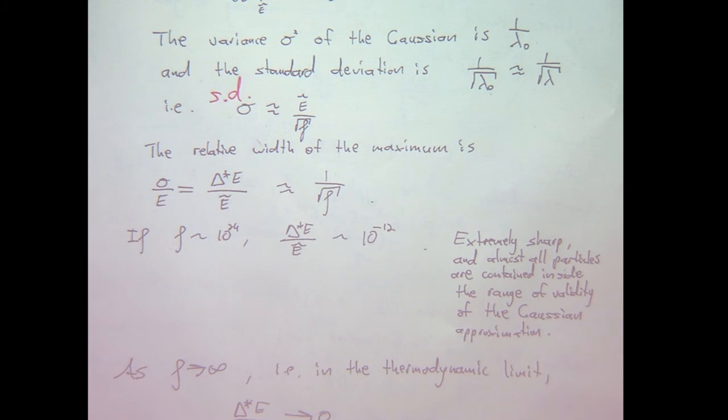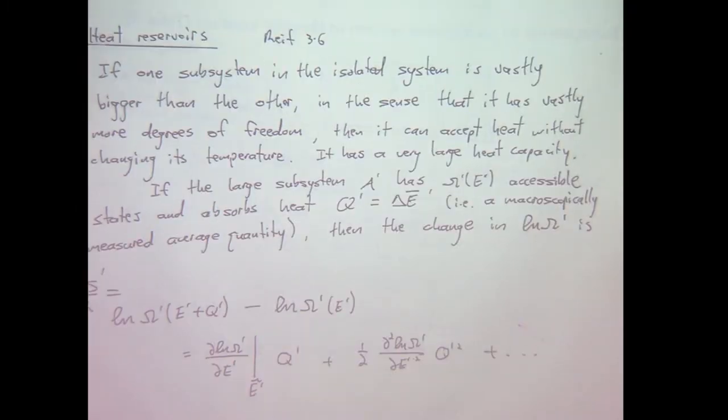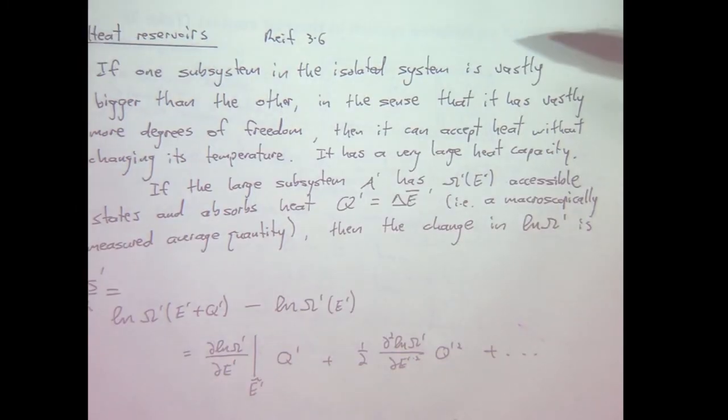To do that, I have to define what a heat reservoir is. So first, this is not like a canonical ensemble because all the states have an equal probability. Yes, all the states of the isolated system have an equal probability, as long as they're in the energy range. In fact, even if they're not, they're 0 probability.